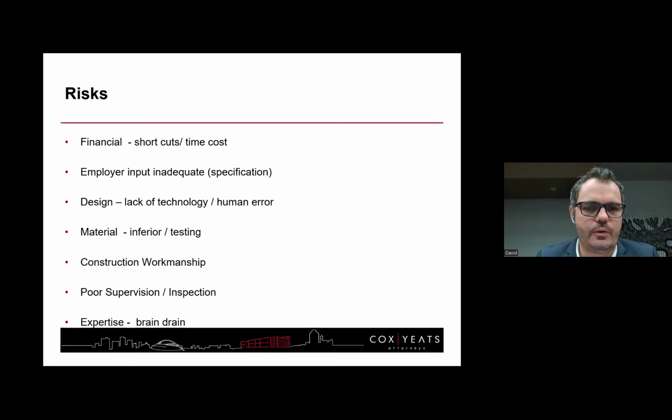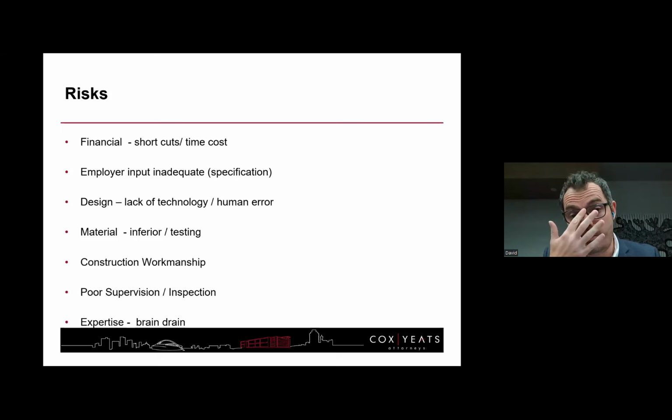Employer input inadequate. Let me tell you, there are so many projects where the engineer gets blamed, and when you go back and dissect what went wrong, you find the employer's input, or the employer's specification where the employer designs, is so poor that that is actually where the problem arises.